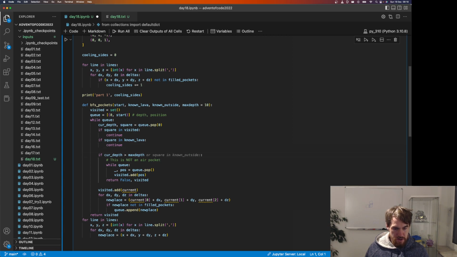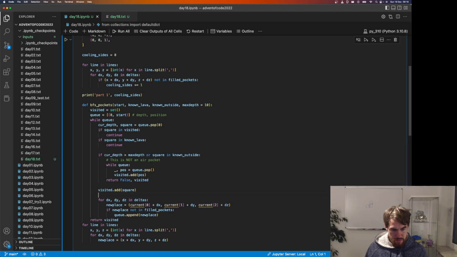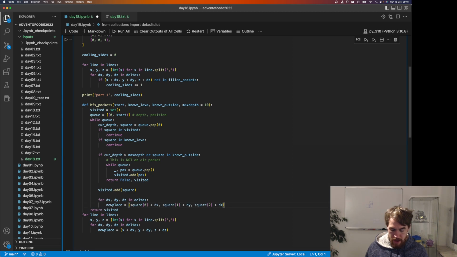So if we are either too far or the square is in known outside, if we already know it's air, we don't have to keep searching. Okay, otherwise we take all the neighbors.